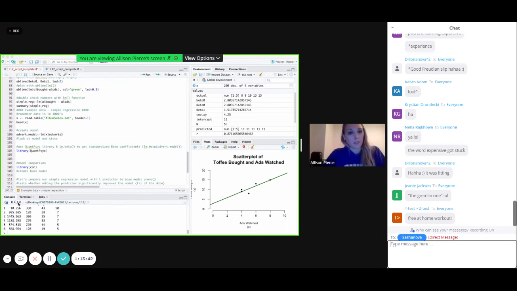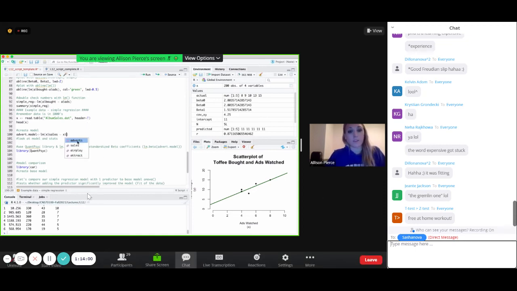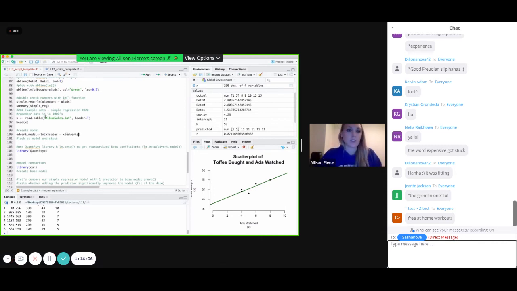Yeah, the advertising variable is the amount of money they spent on advertising. So does advertising predict sales is what we're looking at. So this is actually our independent variable, and sales is our dependent. We want to know if advertising dollars, the amount they spend on advertising, is predicting how much they're selling their albums.